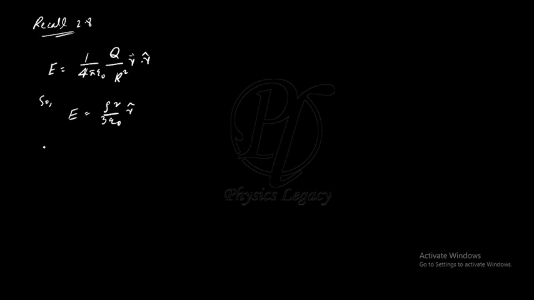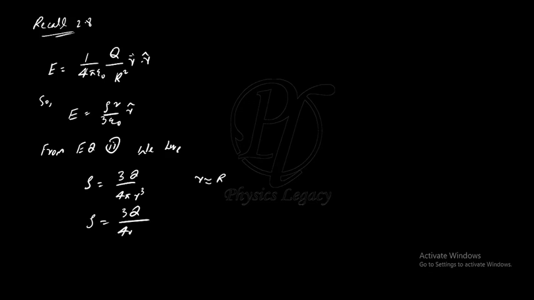And from equation number 2, we have rho is equal to 3q over 4 pi r cube. Here we consider r is approximately equal to capital R. So rho is equal to 3q over 4 pi R cube.